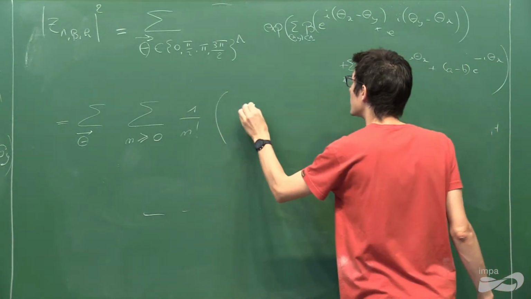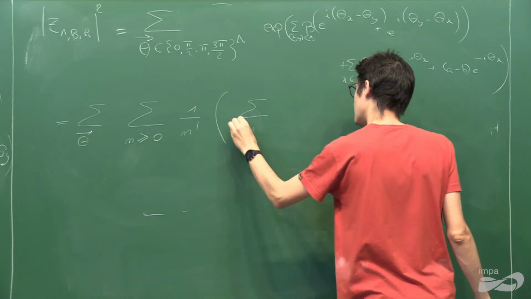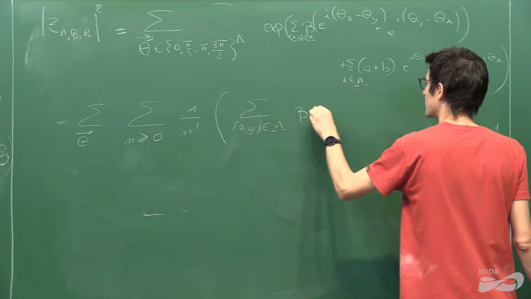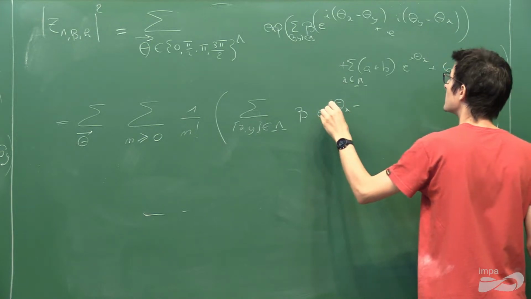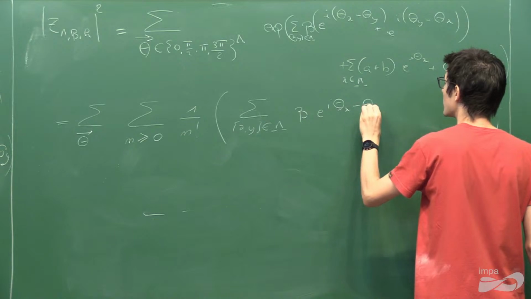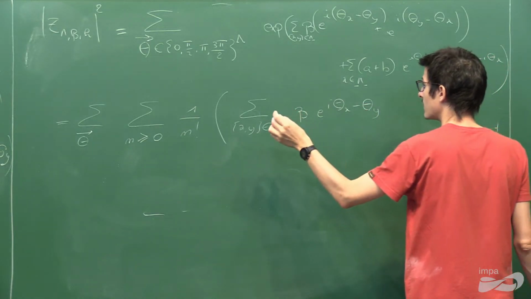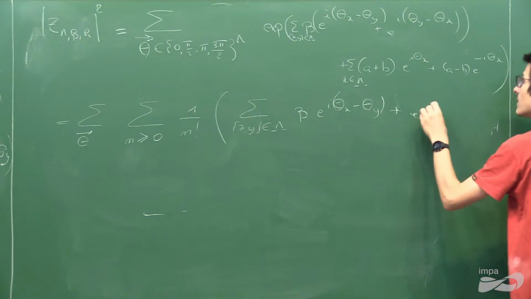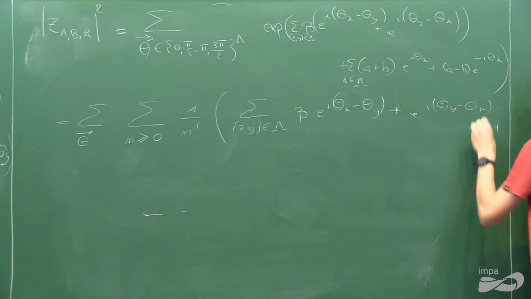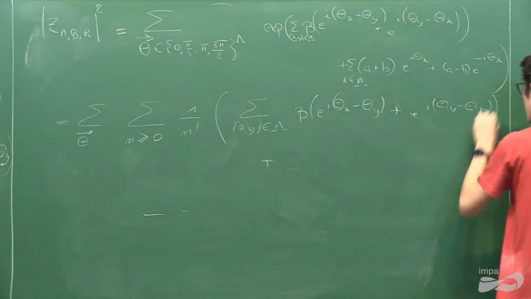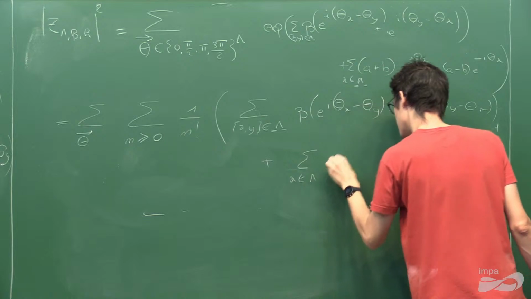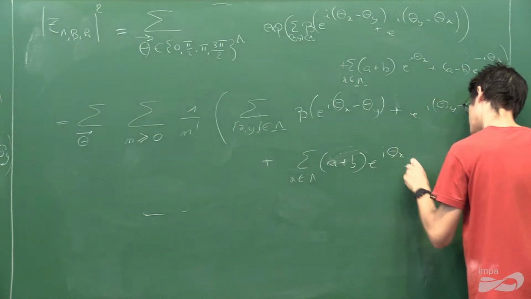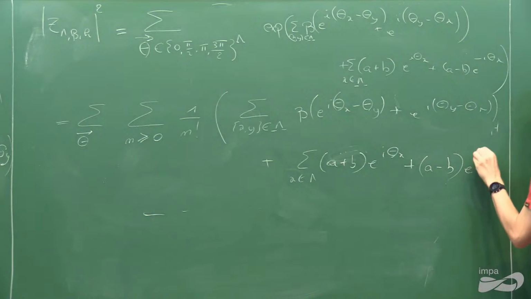And then I have this: the sum over x, y in Λ, β exponential i(θ_x − θ_y) plus exponential i(θ_y − θ_x), plus the sum over x in Λ, (a+b) exponential i θ_x plus (a−b) exponential −i θ_x.